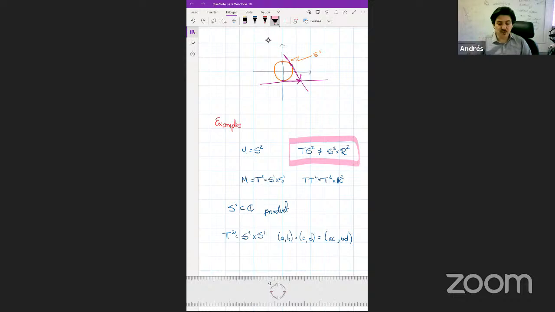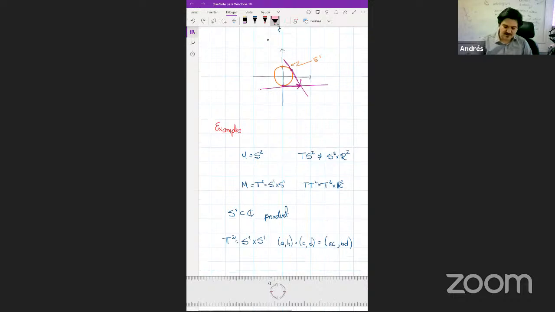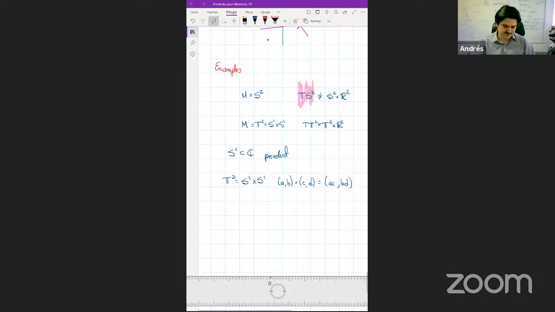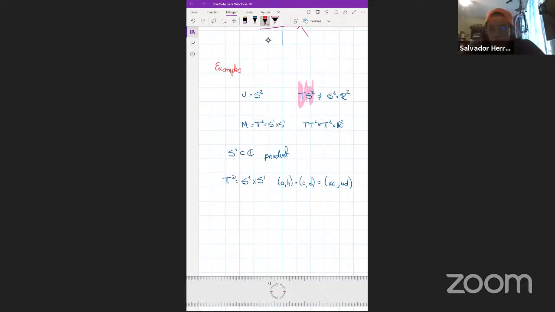And I will do it in 2 dimensions. Because what is the dimension of this? Four, right? Right.